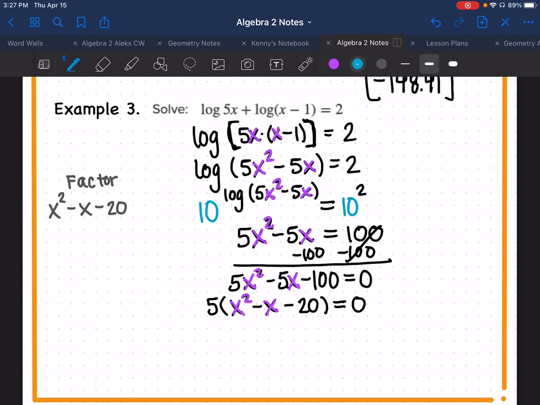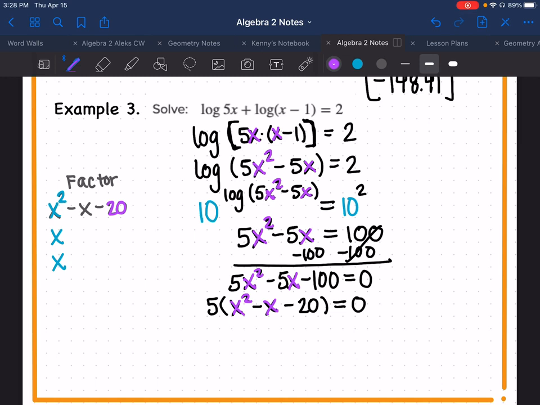So remember I showed you that little trick where you look at your x value, and you say x squared is x times x. And then you look at your 20, let me color it in purple, and you say to yourself, well, 20 can be 1 times 20, or 2 times 10, or 4 times 5.